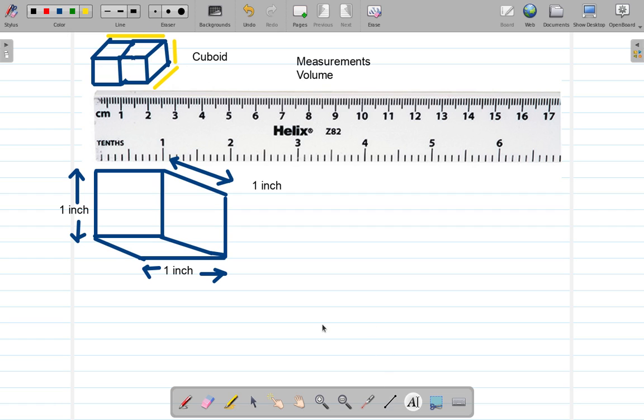But let's write it out and calculate it.